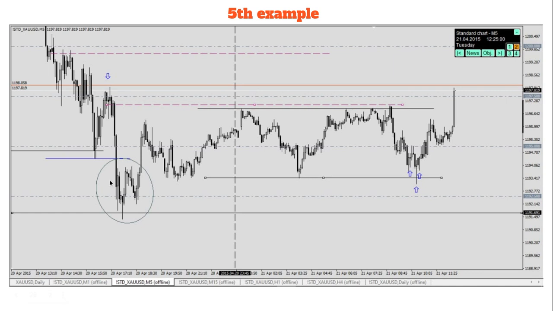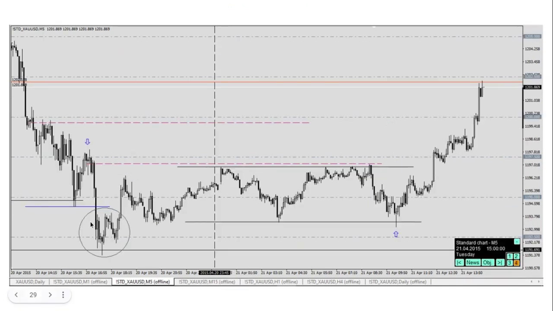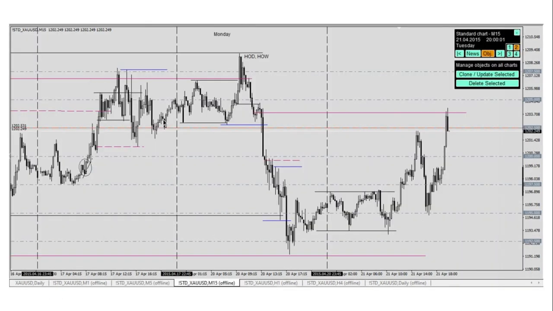So right here we have a peak formation low, consolidation, and then price goes back up. As you can see from the breakout right here, price then continues to go back up, providing at least a 1-to-1 risk to reward. Here's the 15-minute time frame, peak formation low, consolidation, breakout retest, and then a continuation going up.